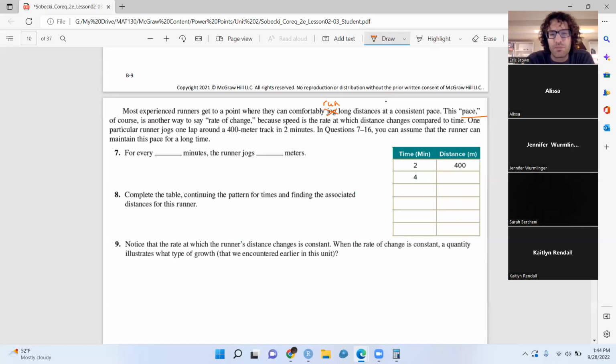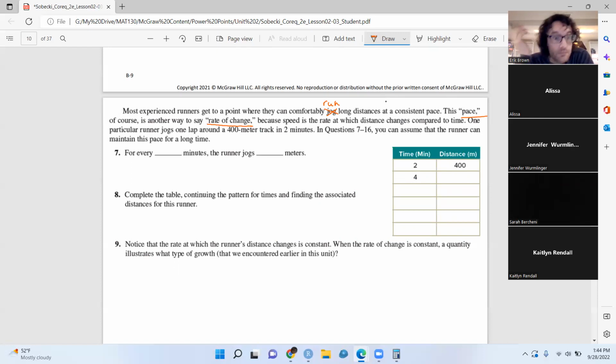I believe it's called splits. If any of you are track and field people, let me know the correct language. So this pace is another way to say rate of change, meaning they're running at the same speed for hours and hours on end. It's how you conserve your energy.